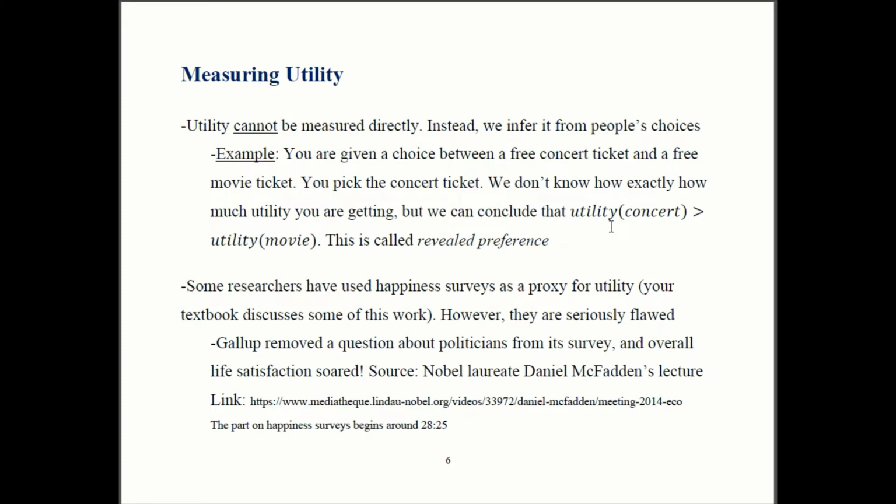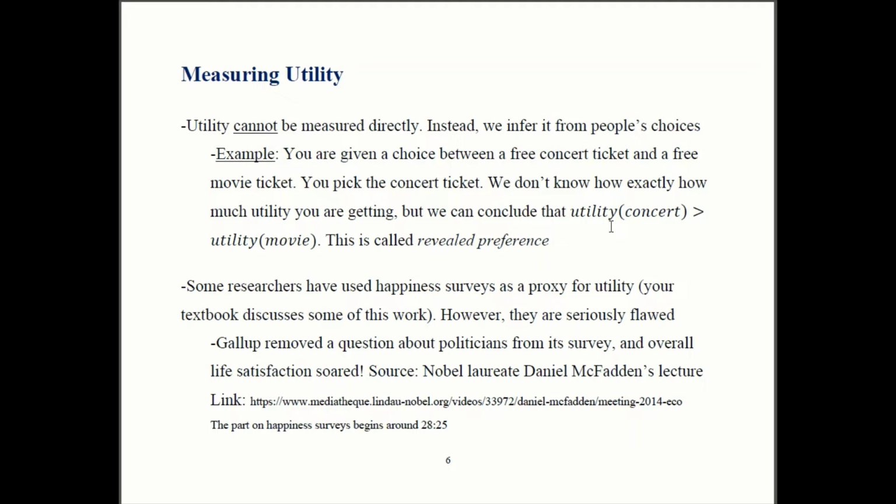However, last I checked, they're still very far away from actually being able to measure your utility function. What we can do is watch what you pick over time and what you choose at different prices and different budgets. Eventually, you can piece together a utility function from that. The actual math behind it is rather complicated and not something we discuss here, but it is doable.